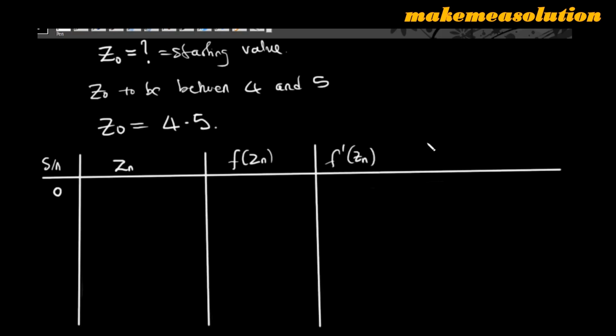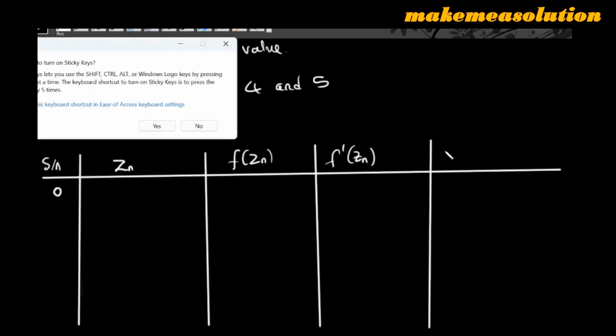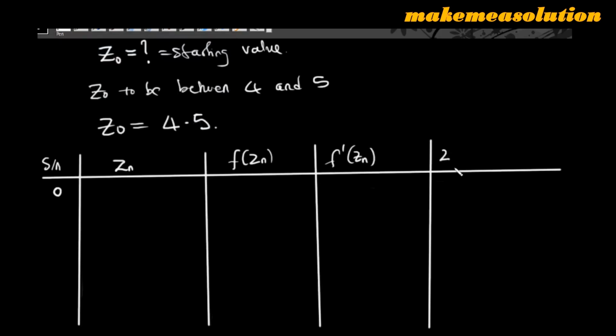Finally we'll have our Zn plus 1. Zn plus 1 is, by the Newton-Raphson formula, Zn minus the ratio between f of z and f prime of z. Is that okay? So we are starting with 4.5.